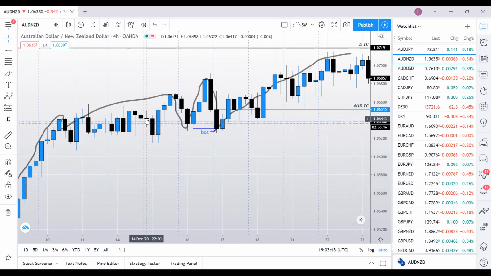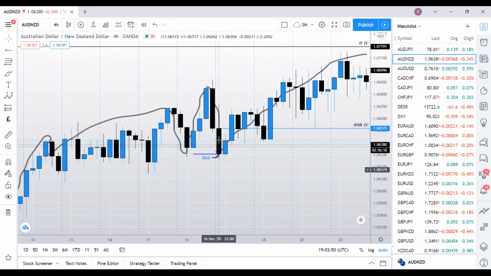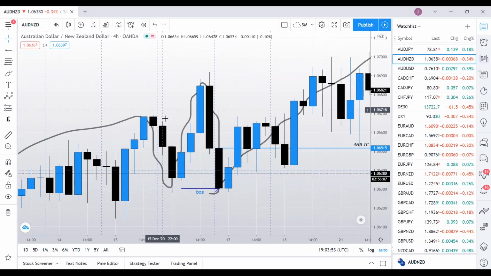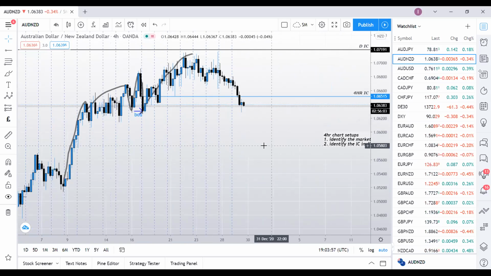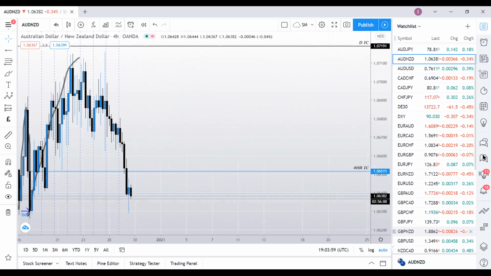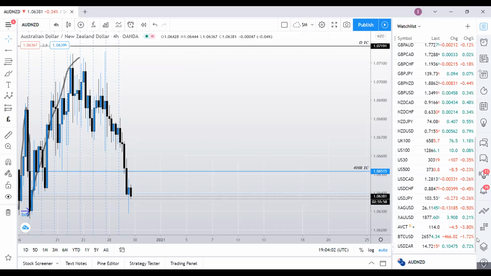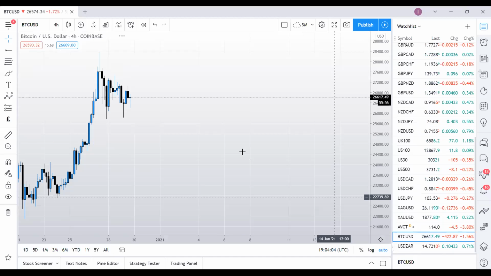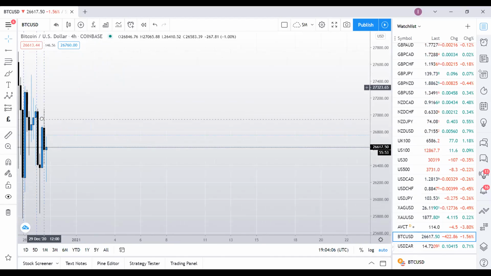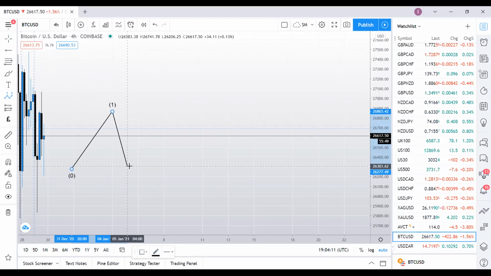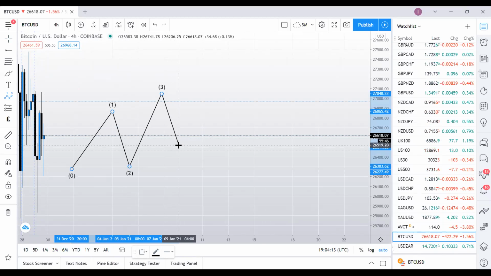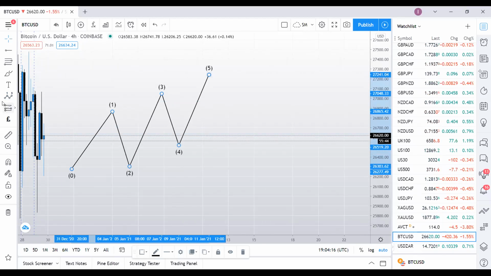Just a quick question. When you see this break of structure, is that when you change to a 15-minute? No. Let me go back to this chart. Structure is higher high, higher low, higher high, higher low, higher high.